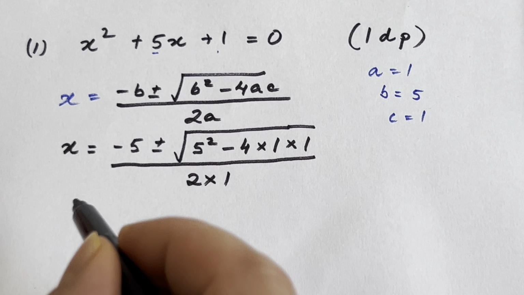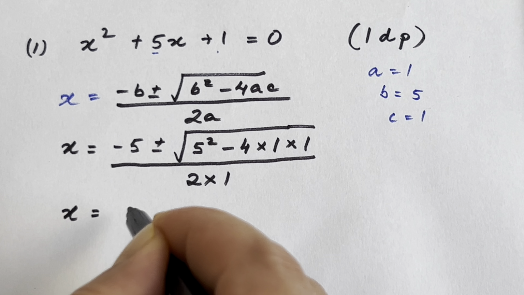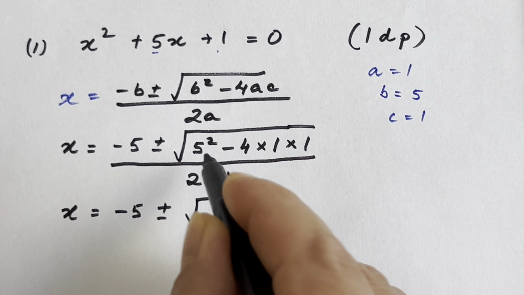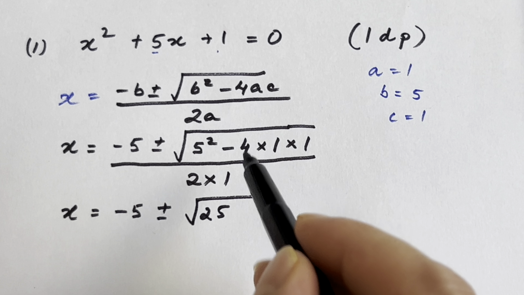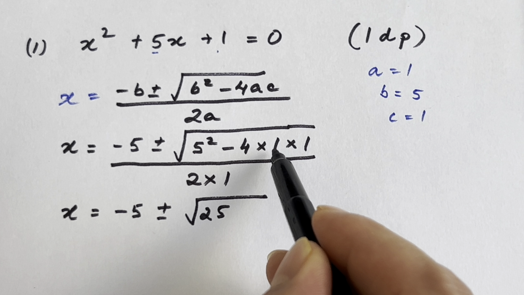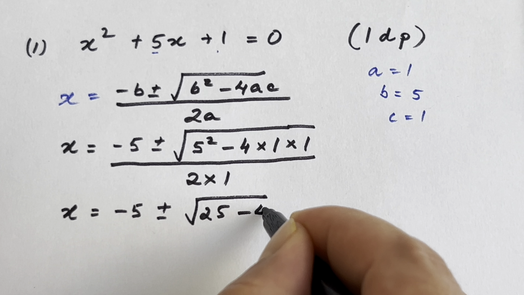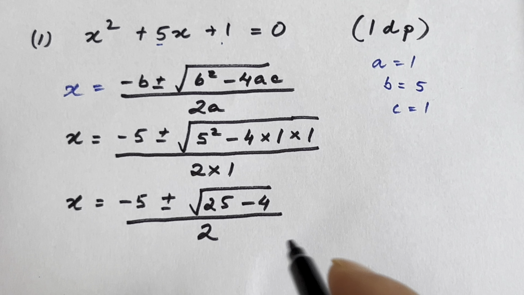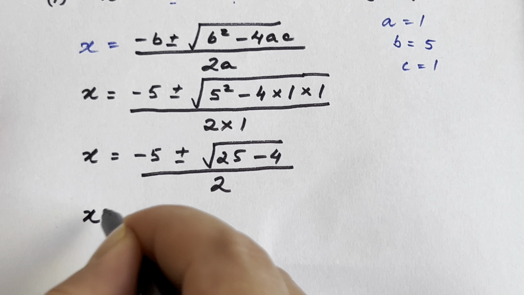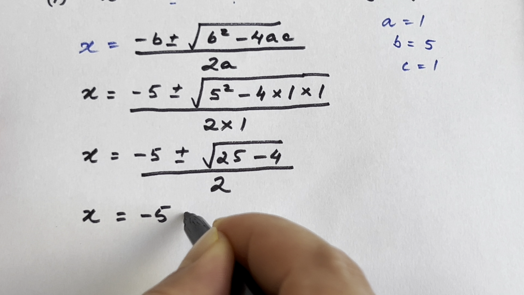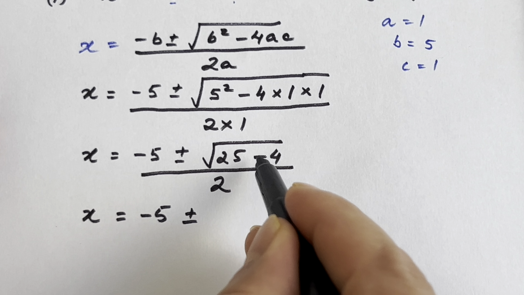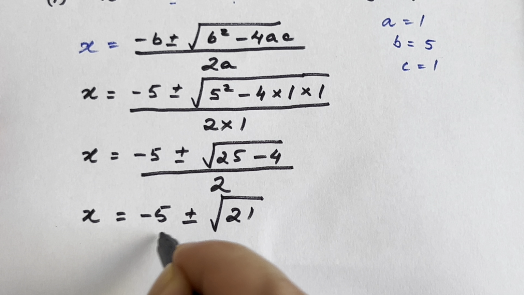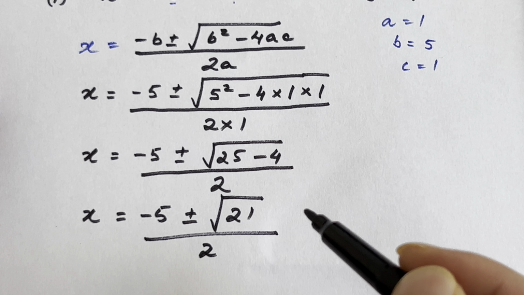Now we need to tidy up a little bit more. X equal to minus 5 plus or minus 5 squared is 25, minus 4 times 1 times 1 is minus 4, all divided by 2 times 1 is 2. One more step, x equal to minus 5 plus or minus 25 minus 4 is 21, so square root of 21, all divided by 2.